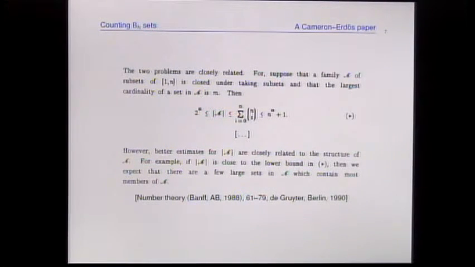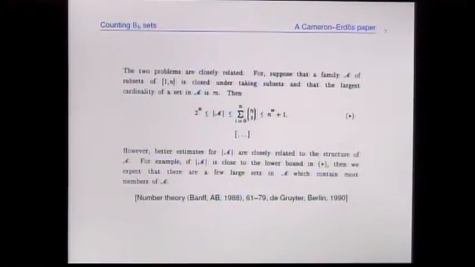If you know that curly A contains a member of m elements, then clearly if you take this member and take all subsets, you get members of curly A because it's closed under subsets. So you have this lower bound: the size of the family A is at least 2 to the m. And on the other hand, if m is the maximal size of members of A, the sum of these binomial coefficients is clearly an upper bound for the size of curly A. Okay, very good.